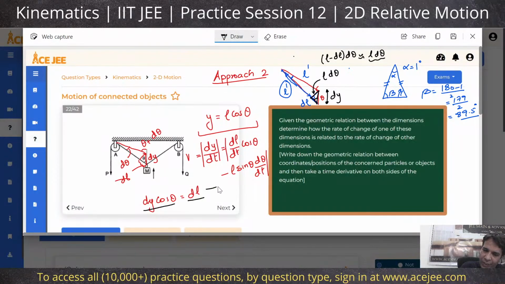So this is one relation relating dl with dy in terms of theta, and then the other is L d theta. So what is L d theta? dy sine theta. So dy sine theta is L d theta. Don't worry that we could have solved this, and the first approach was far easier. So why are we even bothering with this?